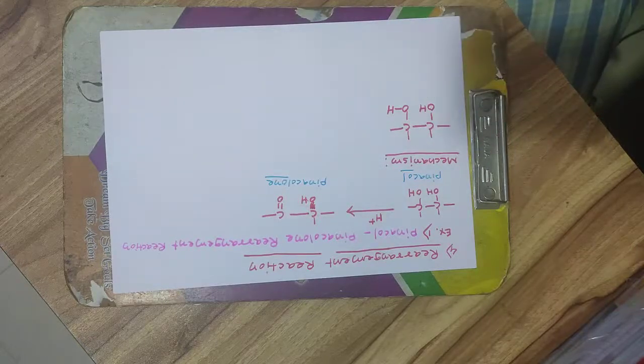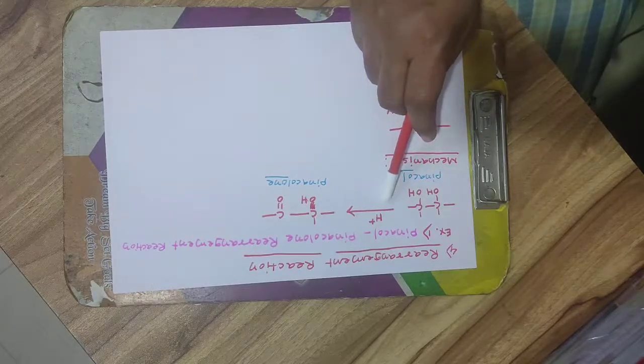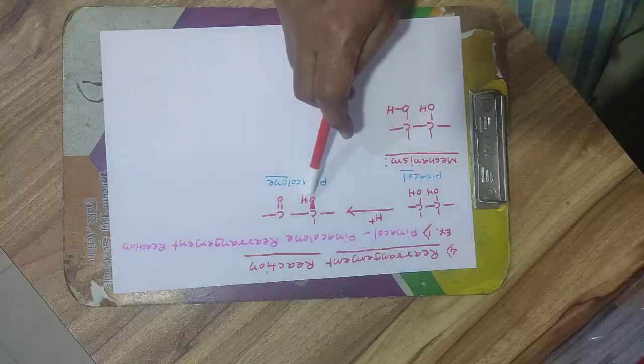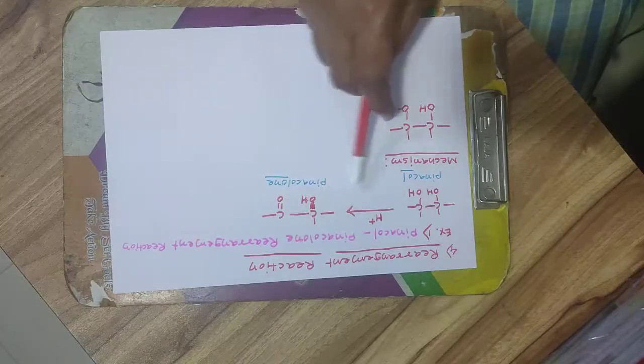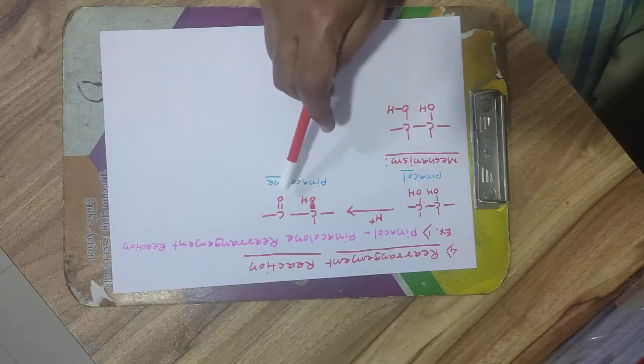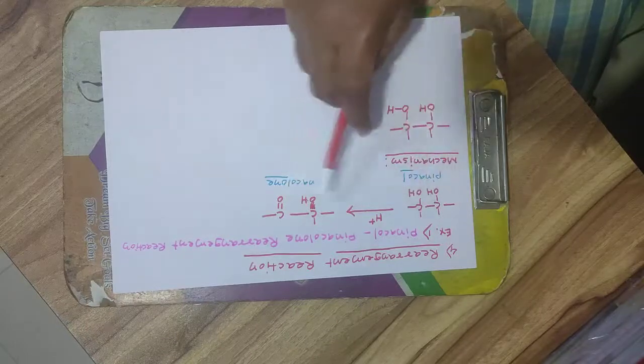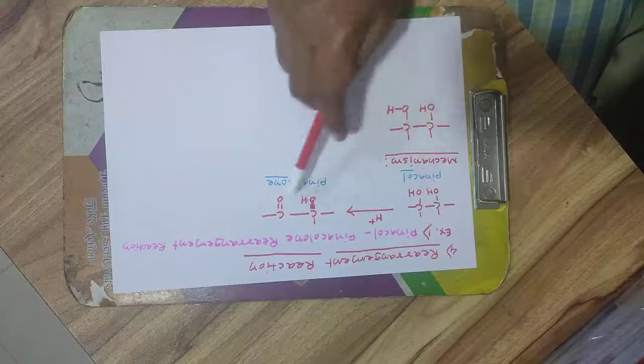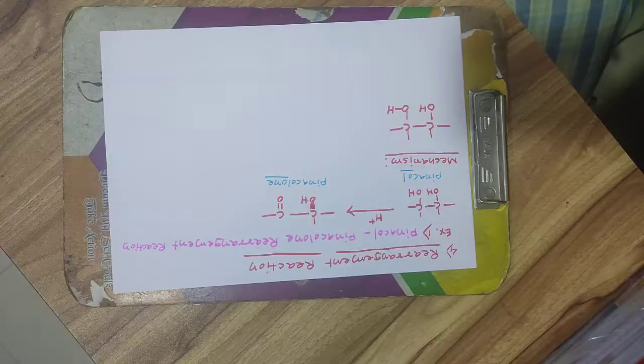It reacts in the presence of acid and phenolphthalein is formed. This OH converts into C=O, so there is a reshuffling or rearrangement of the skeleton of the molecule. So it is called a rearrangement reaction.